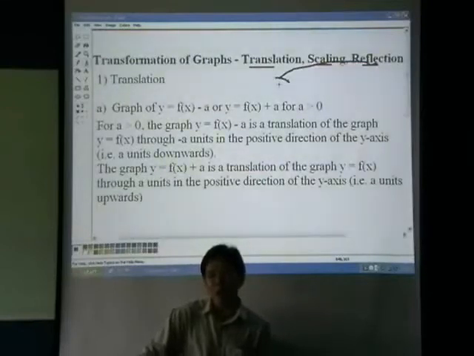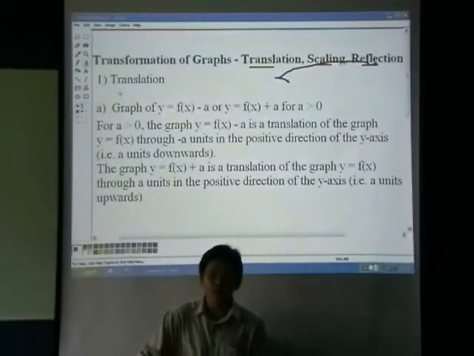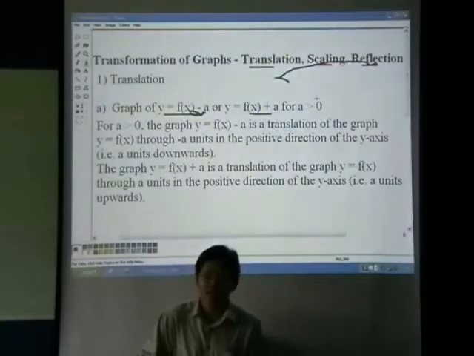So for what we are going to do today, the focus is to translate the graph up or down. Okay, so for translation, if we are given a graph, say y equal to f(x) minus a, or y equal to f(x) plus a, where a is greater than 0.